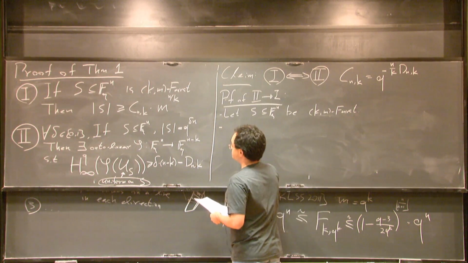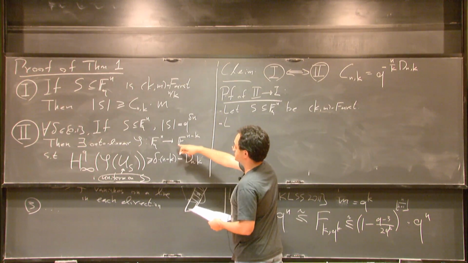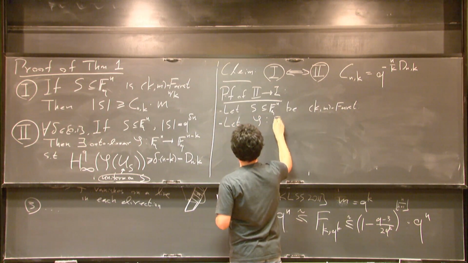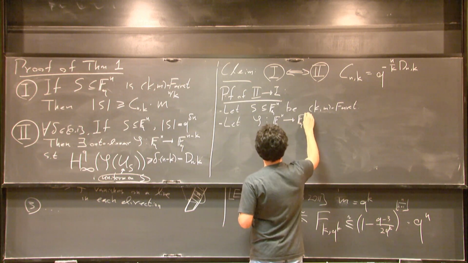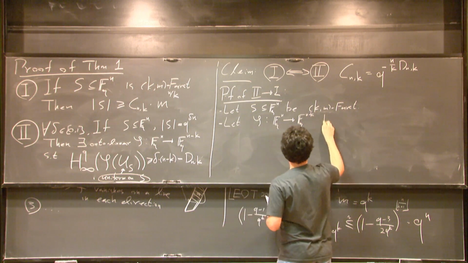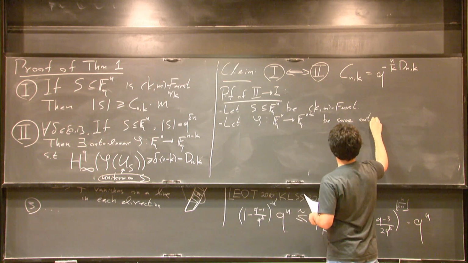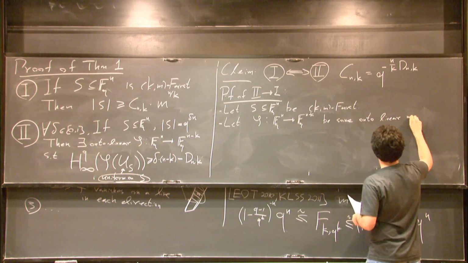Okay, so let's consider some onto linear map. Let phi from F_q^n to F_q^{n-k} be some onto linear map.